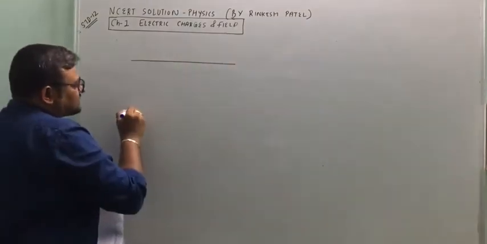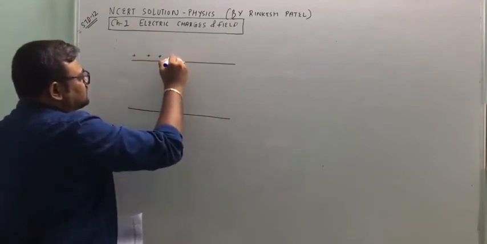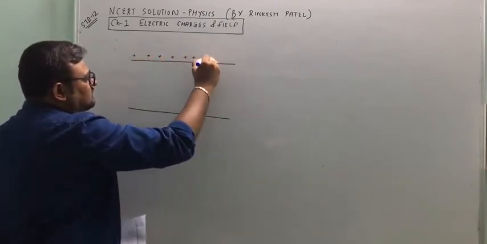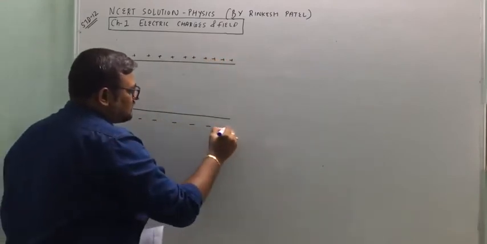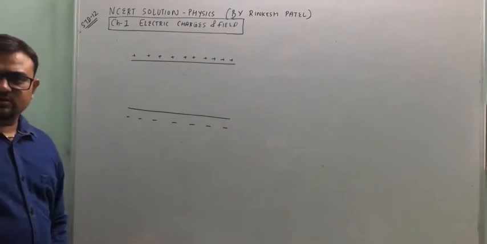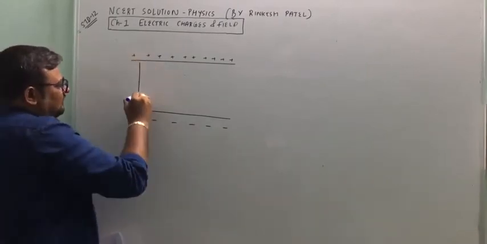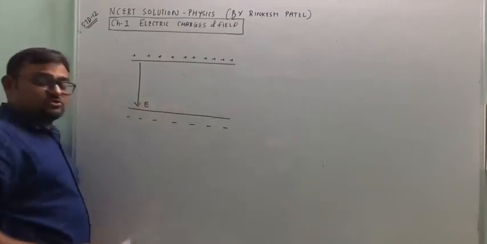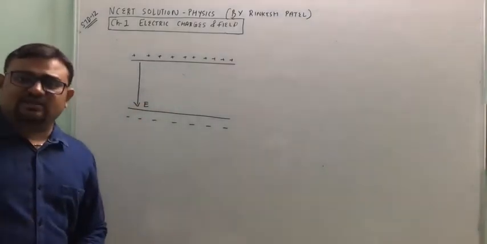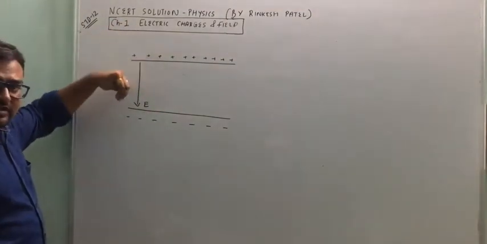There are two plates. One plate is positively charged, another plate is negatively charged. So from that I can say that the direction of electric field will be from positive to negative. Electric field lines go away from positive and towards negative. So this is the direction of electric field lines.